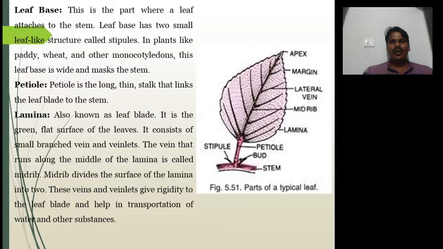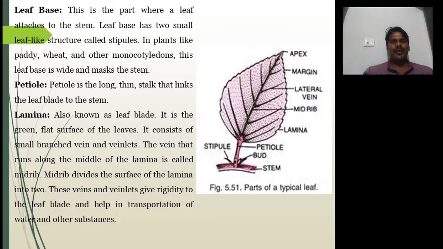This is the small portion just above, on the stem, at the axil of the leaf petiole, the small hair-like structure. This is called the stipule. In plants like paddy, wheat and other monocotyledons, the leaf base is wide and clasps the stem.